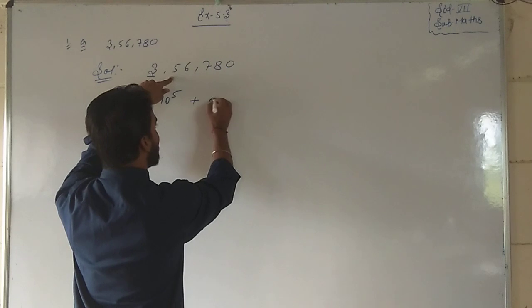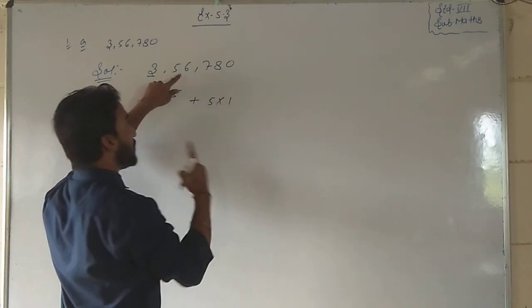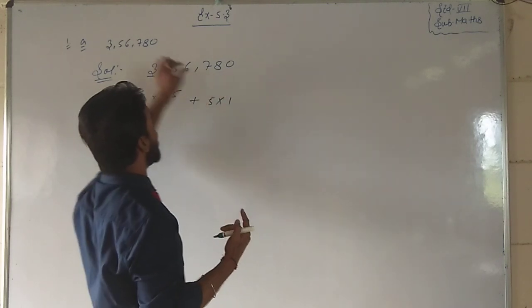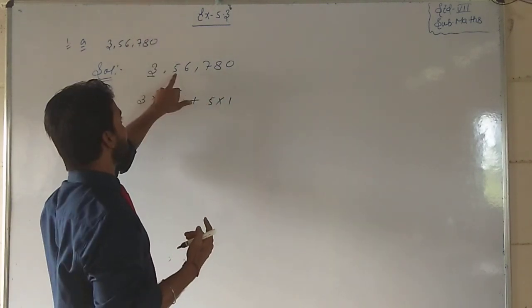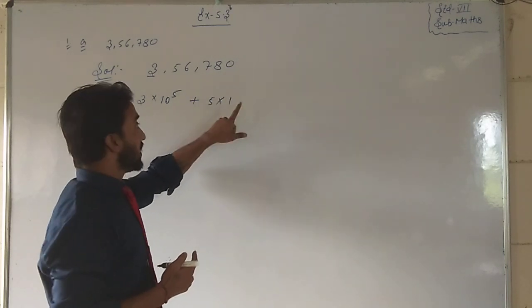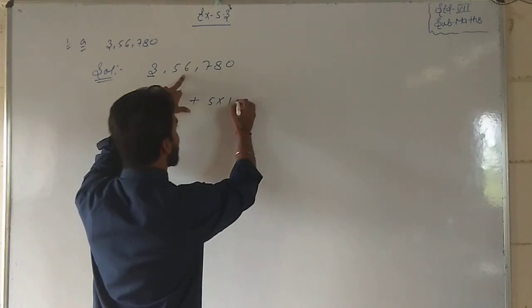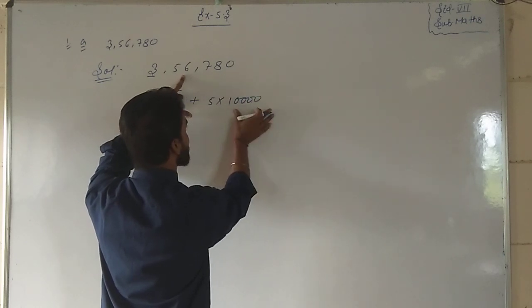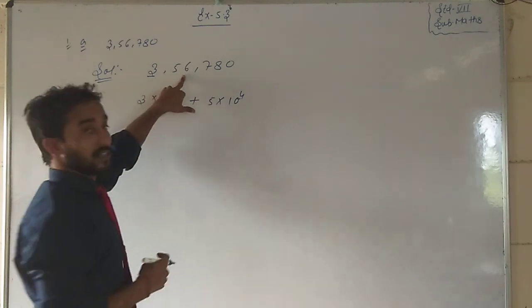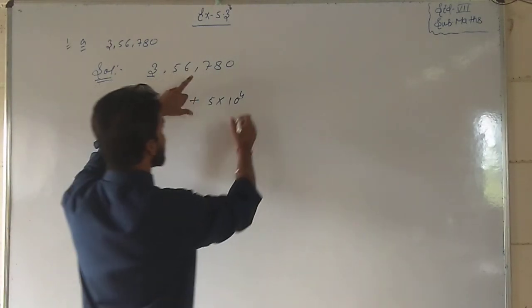So put here 5 into 1 followed by how many zeros? 1, 2, 3, 4. Leave the digit 5 and put 0 instead of the rest of the numbers. And whenever you put the 4 zeros, can you write this as 10 to the power 4? Yes.